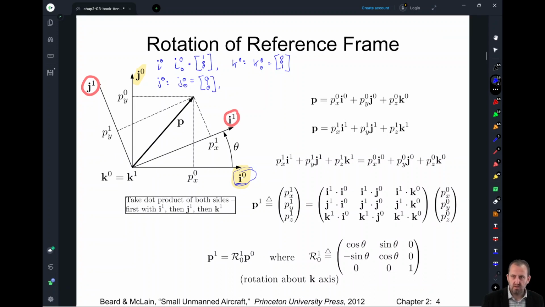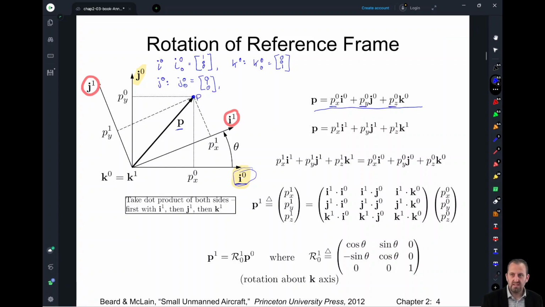Okay, but the idea here that we look at in this slide is that we're rotating our frame of reference. But we have this point P right here that's fixed. So we can either write it in terms of our reference frame 0, which would be just our x component of the reference frame 0, our y component, and our z component.